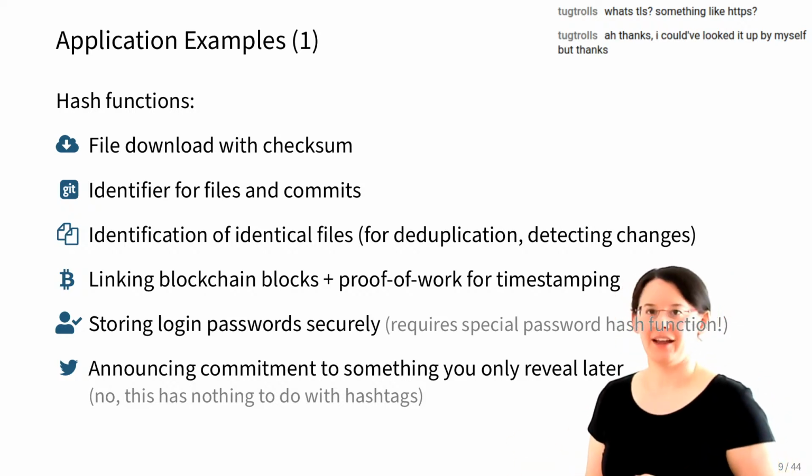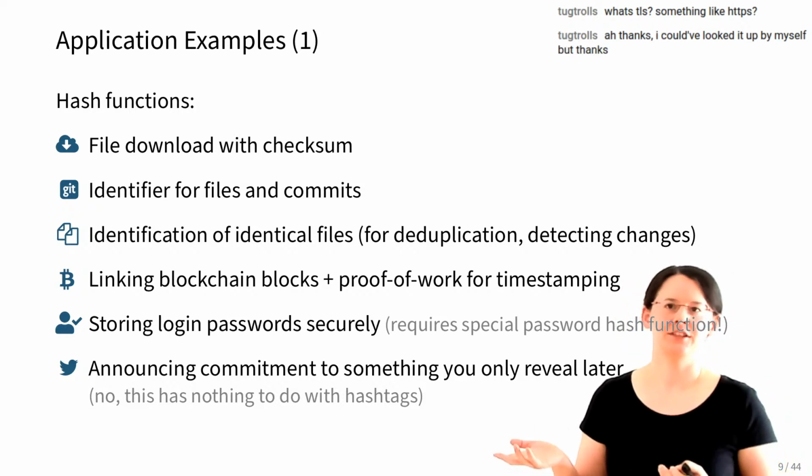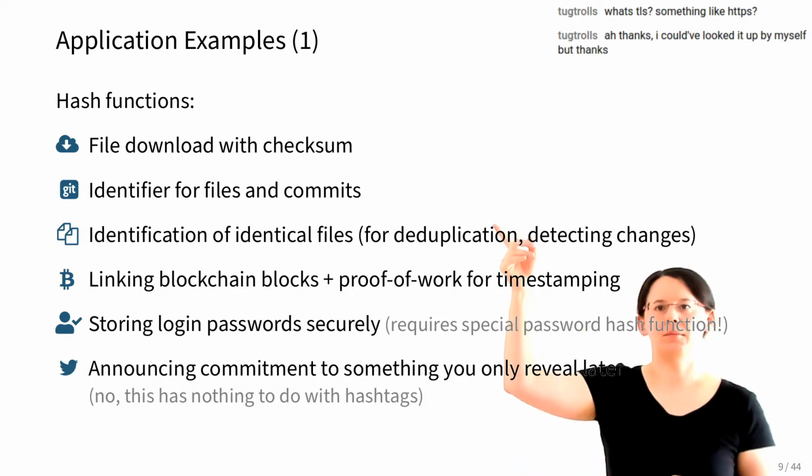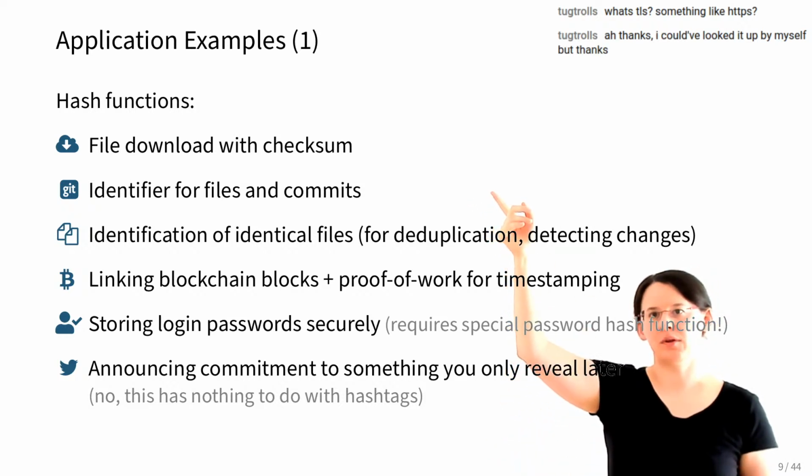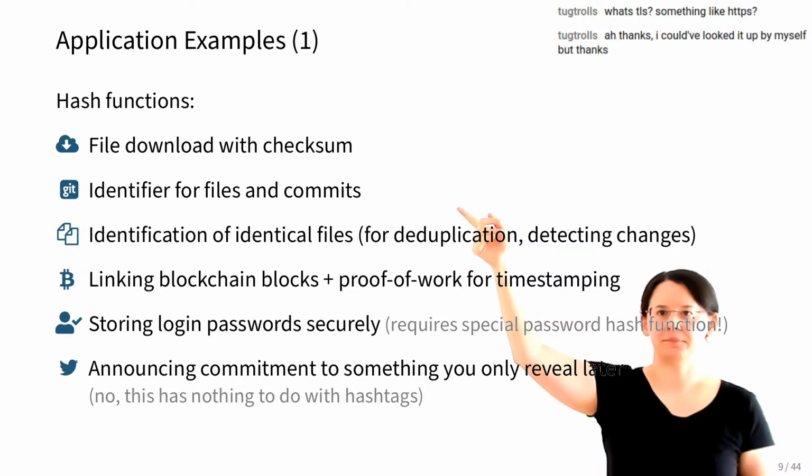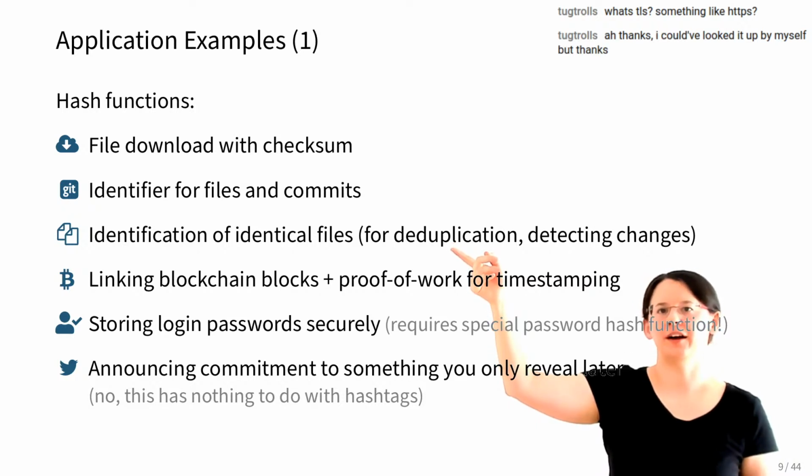We first said we had hash functions, which are authentication schemes without a key. These are, for example, used in the file download example or as identifiers for the files and commits, like we saw in Git. They're also often used to identify files in order to find identical files or to detect changes.